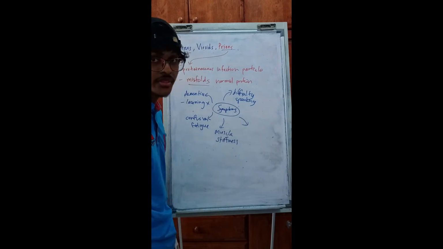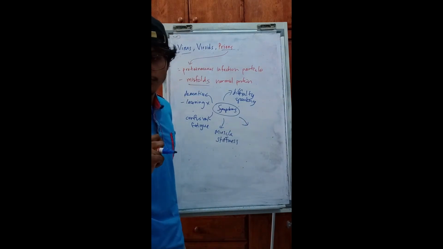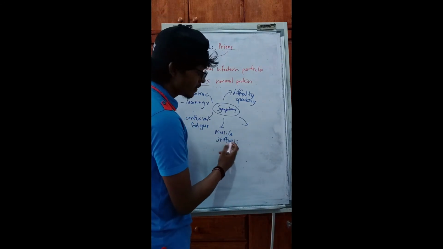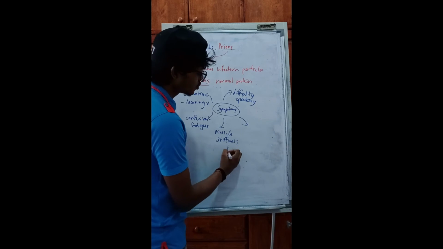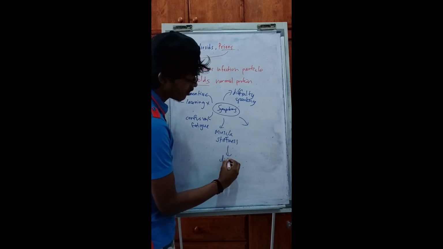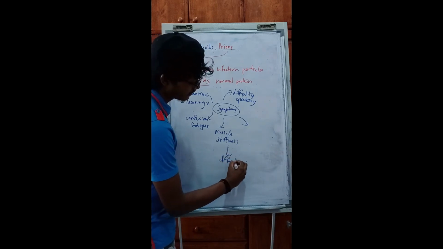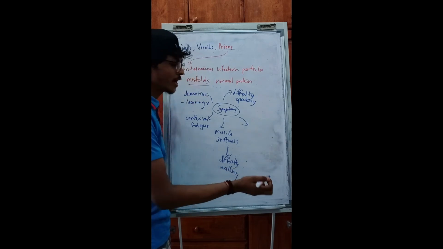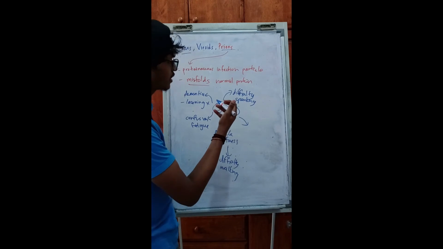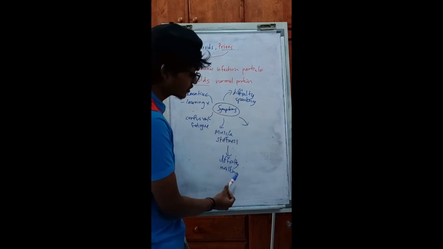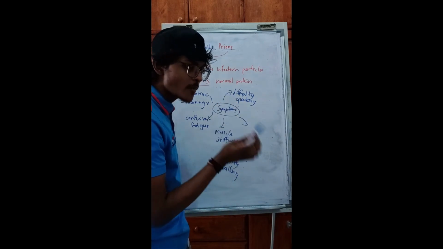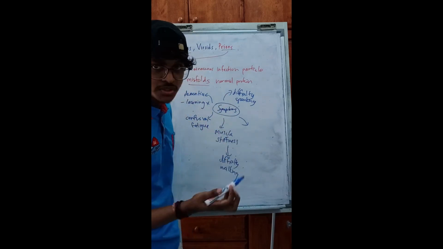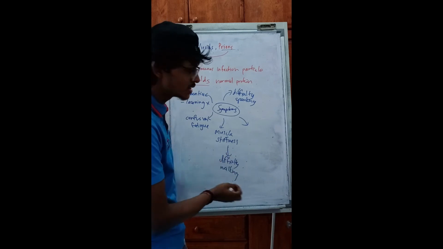This also causes difficulty in walking. This is where the person affected by prions will first stop walking, and then finally the mobility will decrease, and then eventually they die. So this is the final stage.